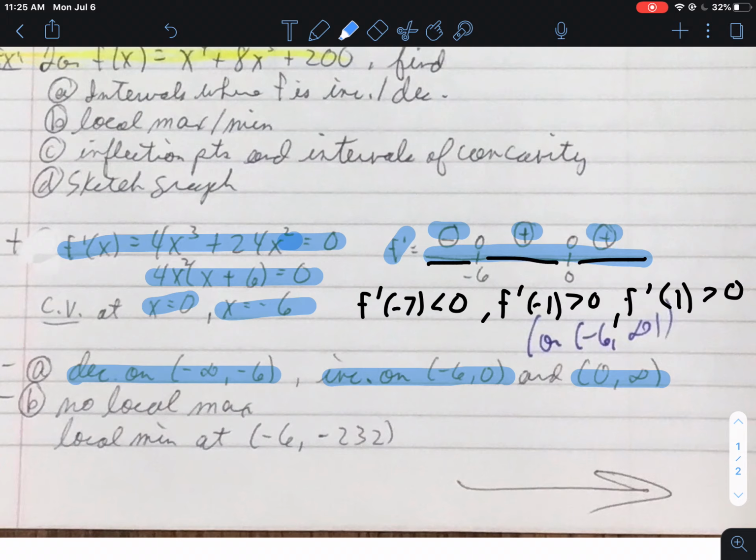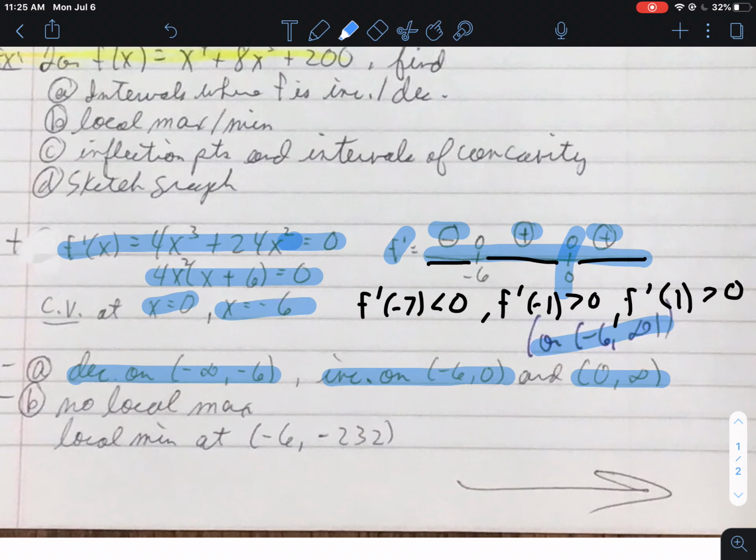Now, technically, I would prefer to put those as separate intervals, but if you list those together, I'm okay with that. Because it's increasing, and then right at 0, remember, we get a horizontal tangent there. So think of the graph as increasing, then it flattens out right at that point, but then it starts increasing again. So since they're adjacent intervals, if you want to go ahead and put them together, that's fine, or list them separately to be on the safe side, either way.